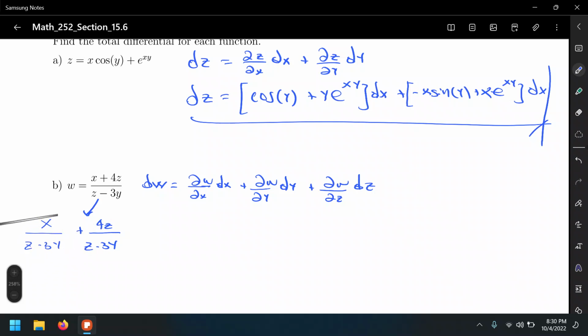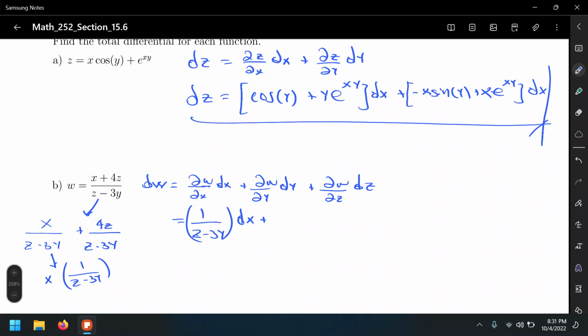However, here the derivative of x is just 1, and this denominator is really a multiple constant. We can further see this as x times 1 over z minus 3y. So this is just a multiple constant times the derivative of x, which is just 1. So that's 1 over z minus 3y, that times dx plus.